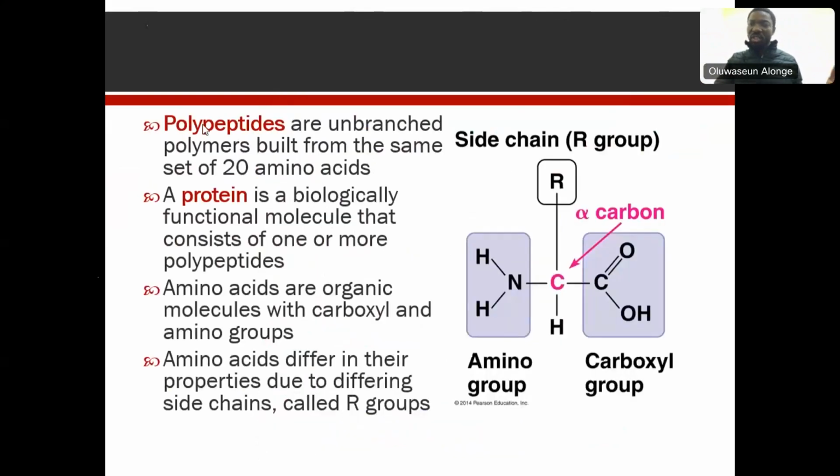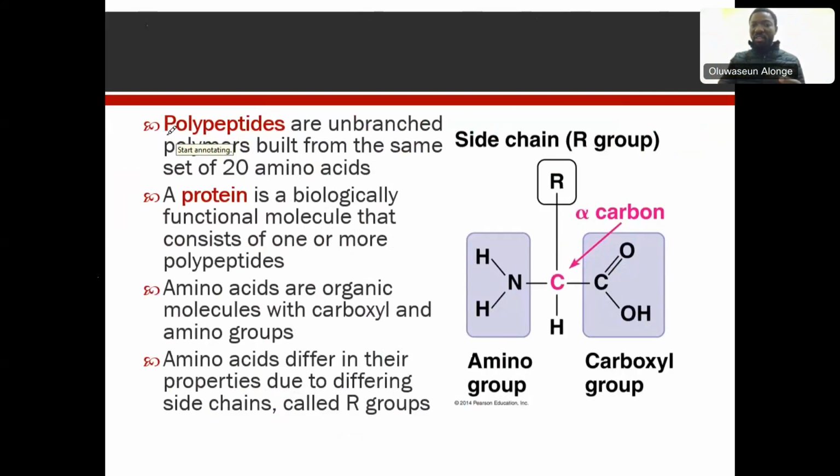Now, proteins are formed by the monomer called an amino acid. All right. Now, the amino acids are monomers. When they are joined together, they have to be bonded together. The bond that joins them together is called a peptide bond. And so when you see here, the bond is called a peptide bond.